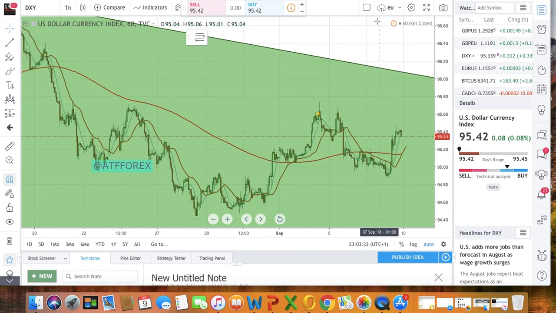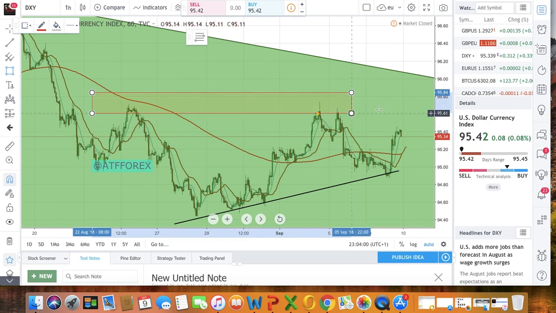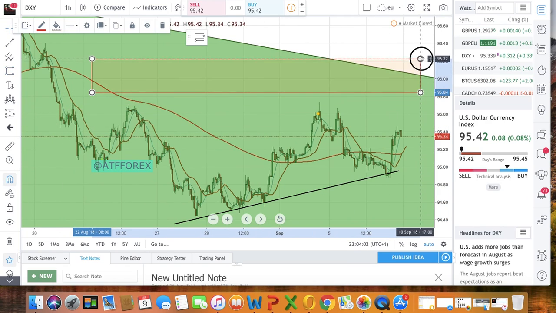On the hourly time frame towards the back end of last week, it looked as if we were going to break this trend line right there, because we had the spike down, we had a nice ABC pattern down, and we've tapped this trend line, but we failed to actually break it 1, 2, 3 times, got rejection, and moved above the MAs. And we're getting some nice resistance right there at the 95.8 level.